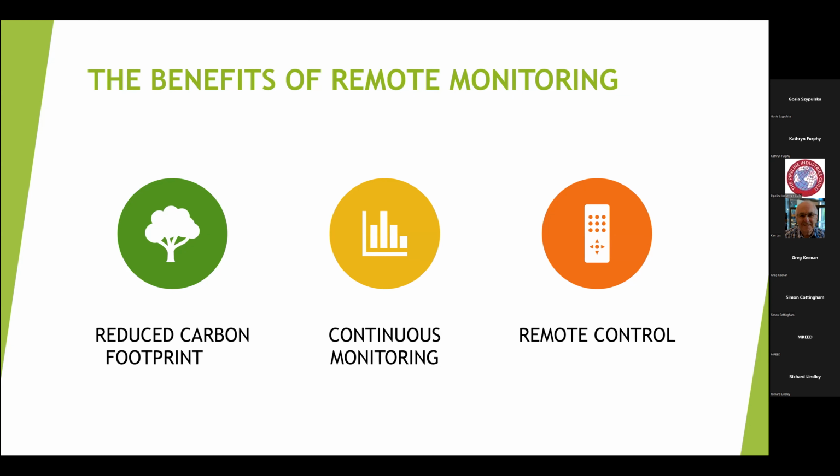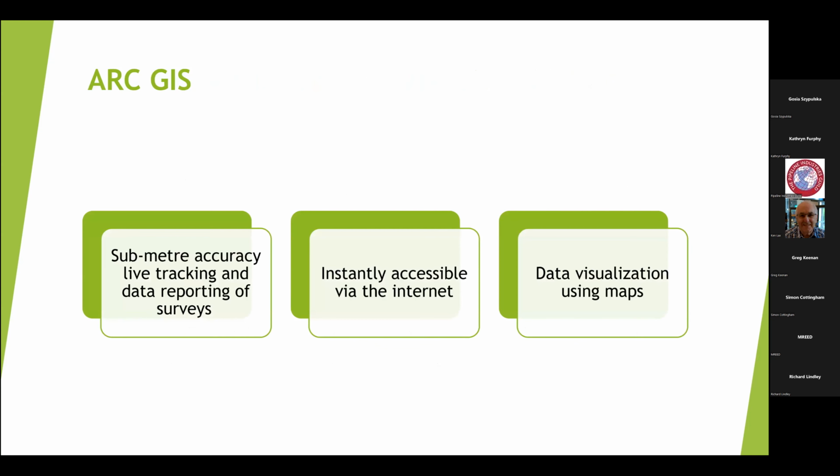So the benefits of remote monitoring are reduced carbon footprint, continuous monitoring of the data. So it doesn't matter whether they say 1 year or 3 years, you're monitoring it all the time. And it can be remotely controlled. That's a huge benefit.